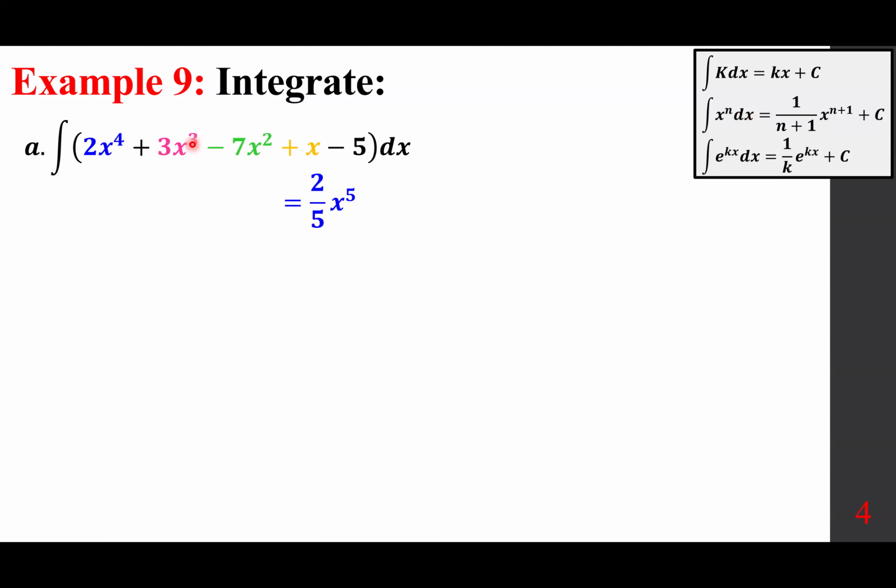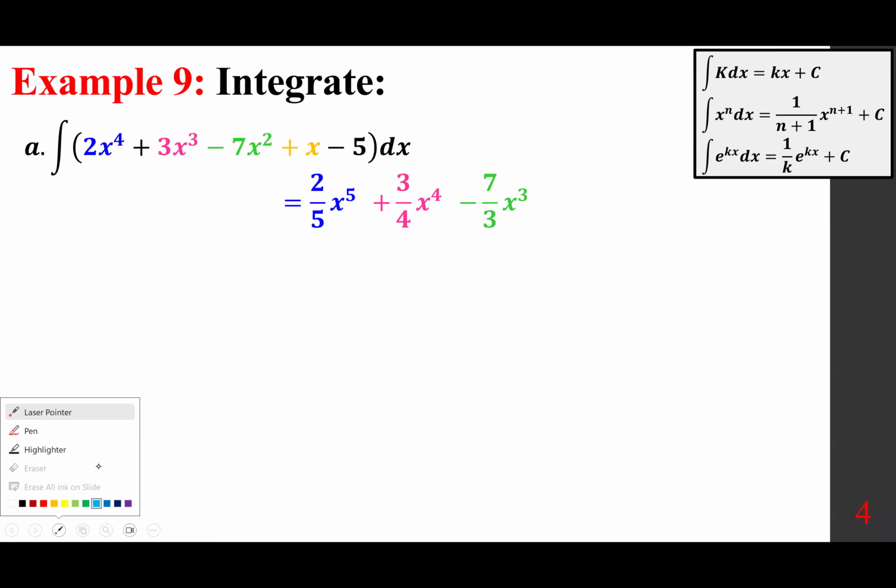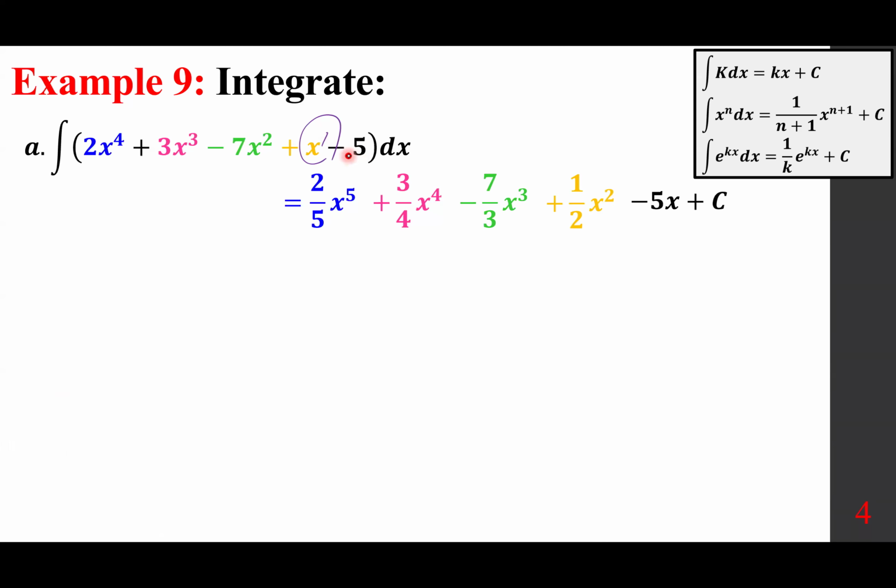For the next term, you add 1 to 3 and get 4, so 3/4 x to the power of 4. Then you add 1 to 2 and get 3, minus 7/3 x cubed. Remember, in general, we have exponent 1 when we have just x. So we add 1 and it becomes 2, so 1/2 x squared, minus 5x and a constant, and we are done.